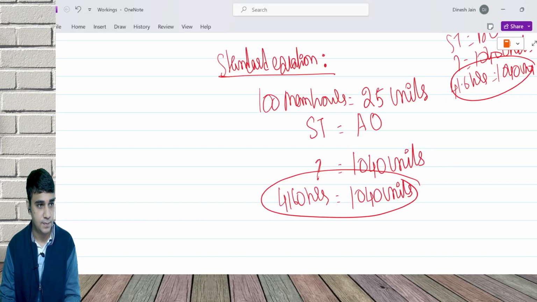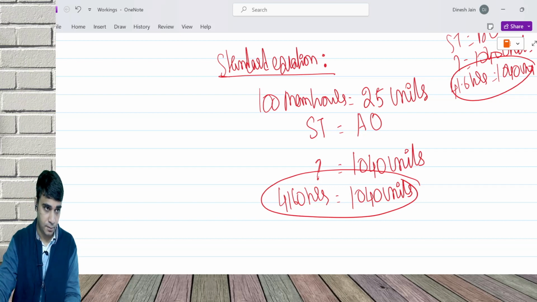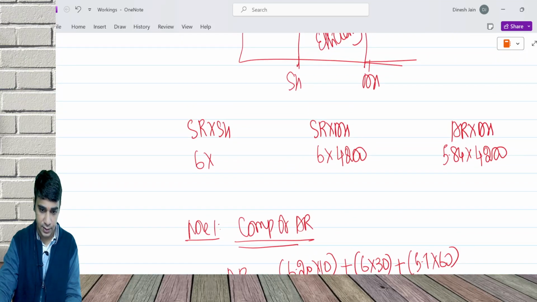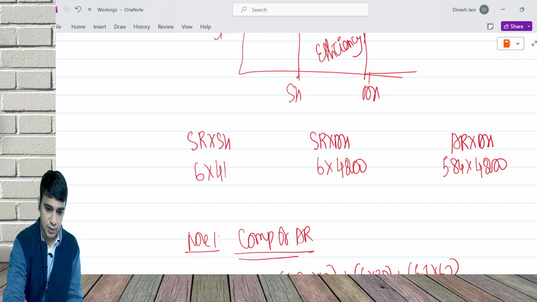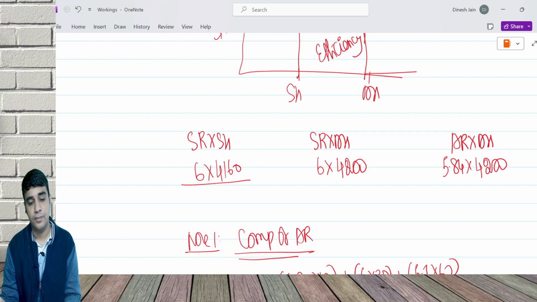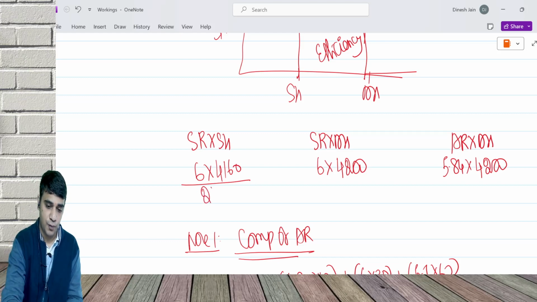Any doubts on this? Can you proceed? Clear? Okay, let's write. Tell me the column one number. 6 into 4160 is how much? 24960.